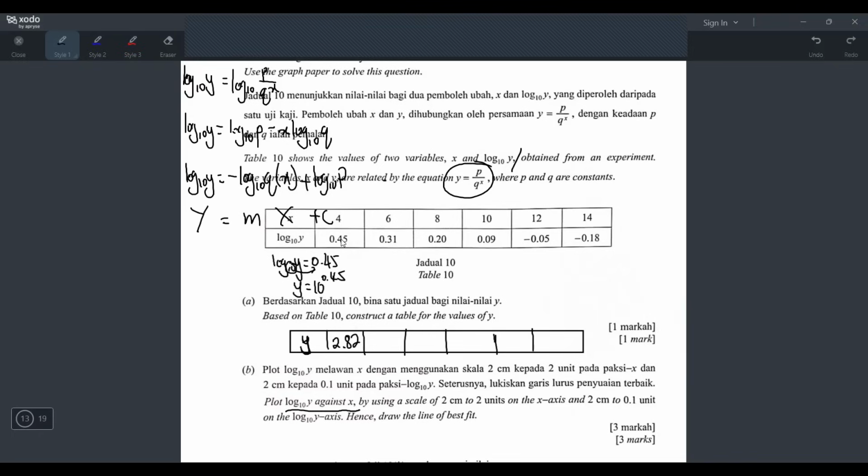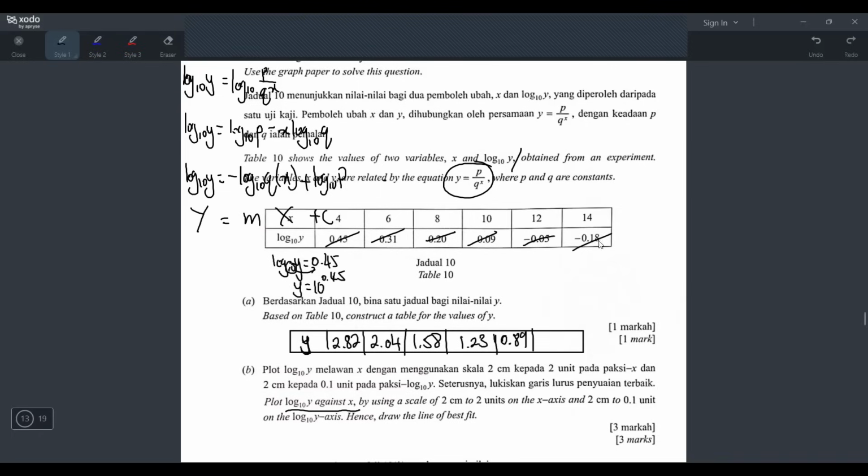Okay, next one. Press shift log 0.31, and then you get 2.04. And then press shift log 0.2, okay, 1.58. Next one, shift log 0.09, 1.23. Next one, shift log negative 0.05, 0.89.